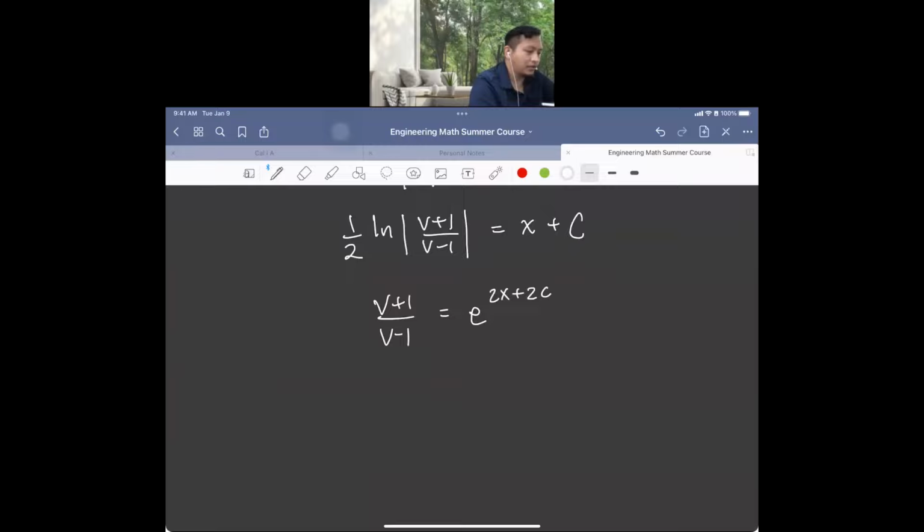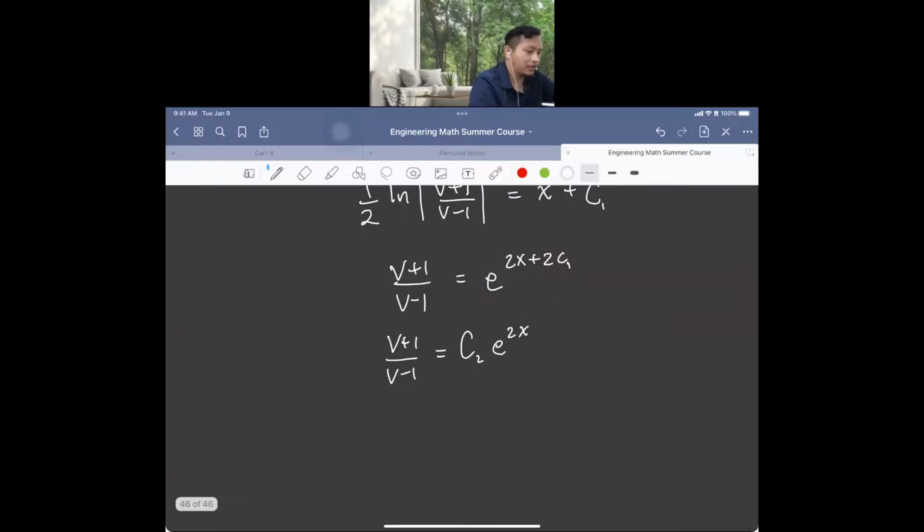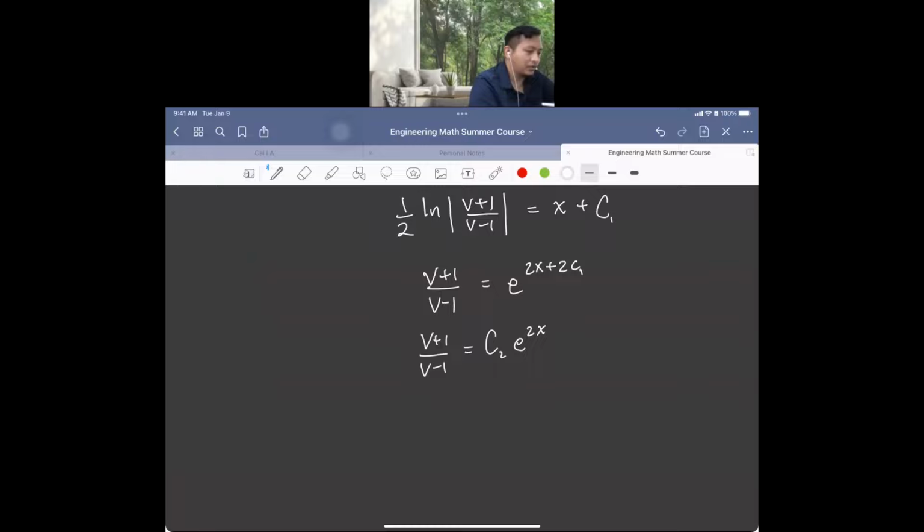Or we may take another constant, let's say c2, so (v plus 1)/(v minus 1) equals c2 e to the power of 2x. And remember the singular solutions, we can also have v equal 1 and v equal negative 1 as singular solutions.